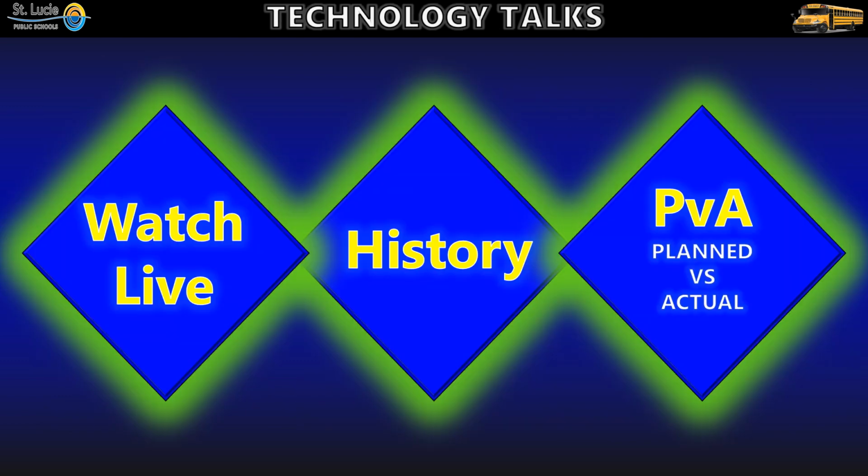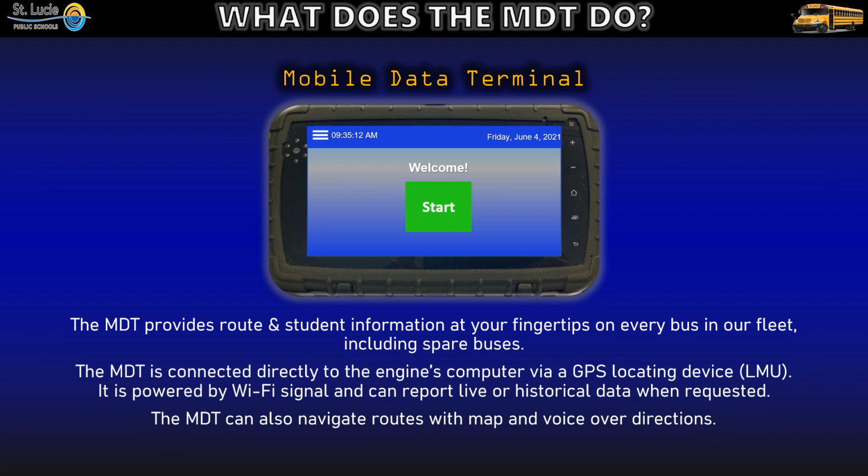So technology talks, and with Synovia, we are able to watch live, pull up history, and view the planned versus actual. So what does the MDT do? It provides route and student information at your fingertips on every bus in our fleet, including our spare buses.